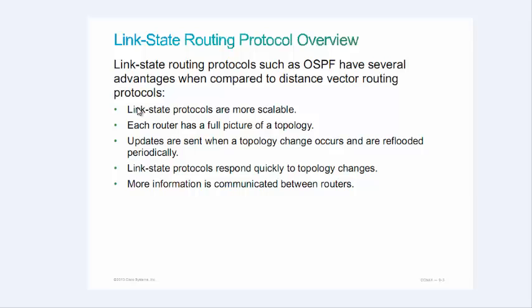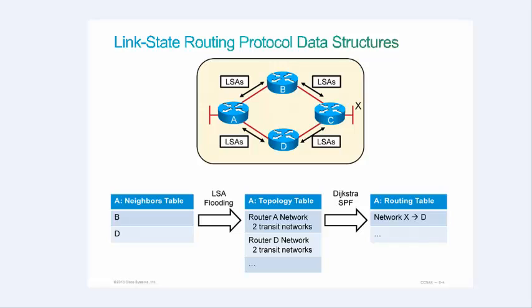I hope you got an overview of what an LSA is, what an LSDB is, what a link state routing protocol is and all those things. Now you can see this diagram where A is sending an LSA to B, B receives that LSA and sends it to C, and so on. So this transmission of LSAs happens between the routers.